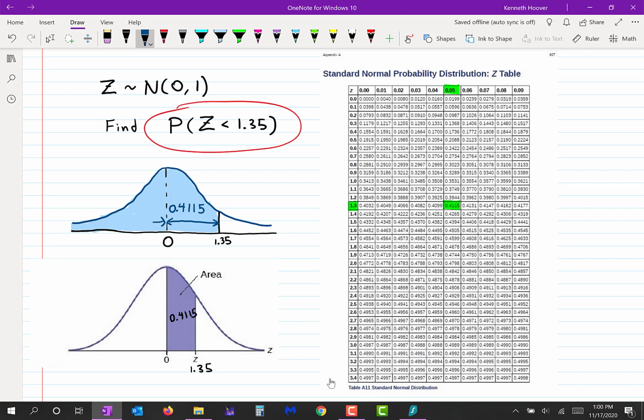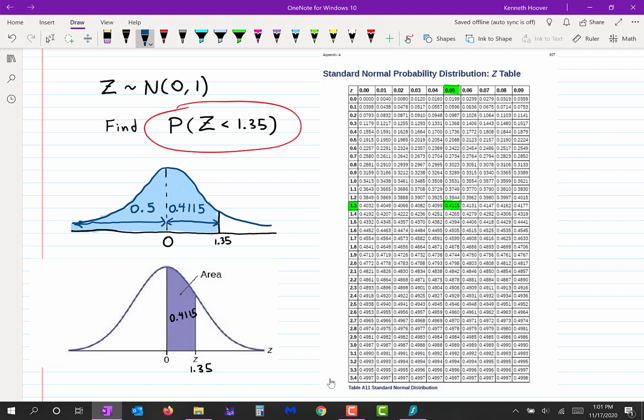Now, how much area is out here? The table did not tell us that. But that's okay. We already know. That's half of the curve. And how much area is under the whole curve is 1. So half of it is 0.5. So what is that total blue shaded area?